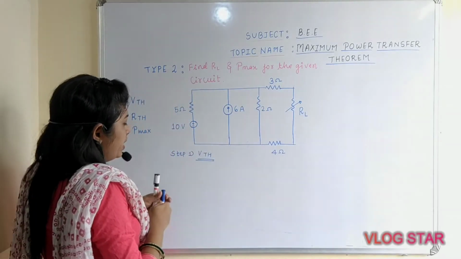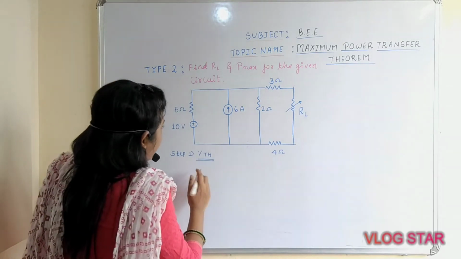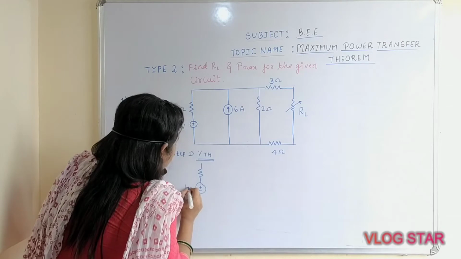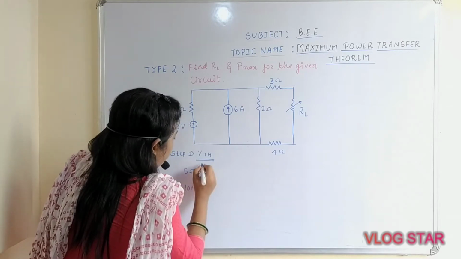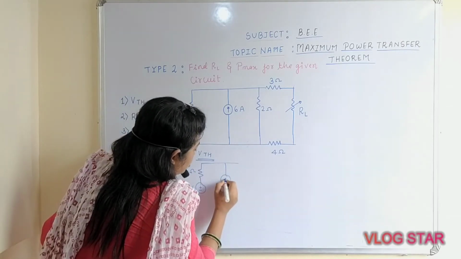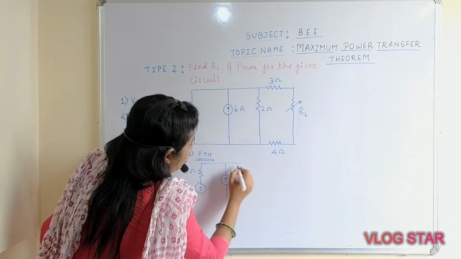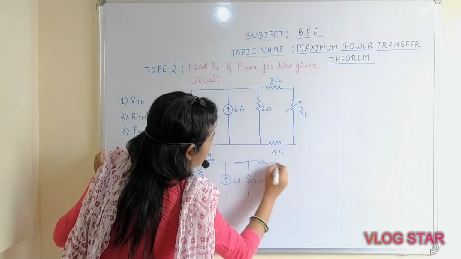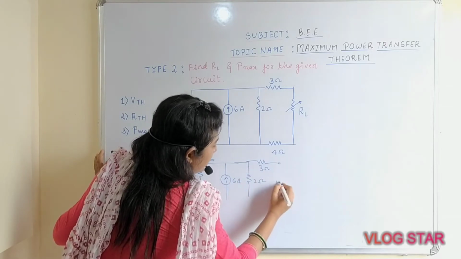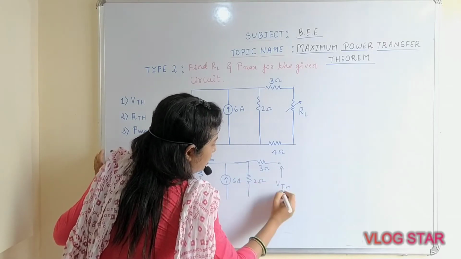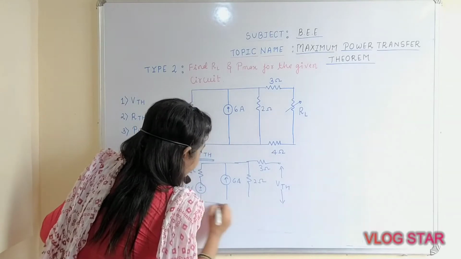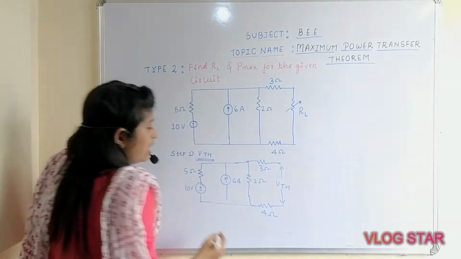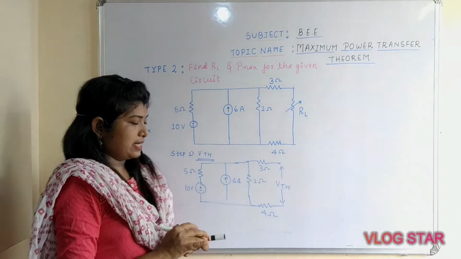Please pay attention to how you are going to calculate VTH. So first replace the load resistor by an open terminal, and across this open terminal we need to calculate VTH. I hope you have understood the first step.